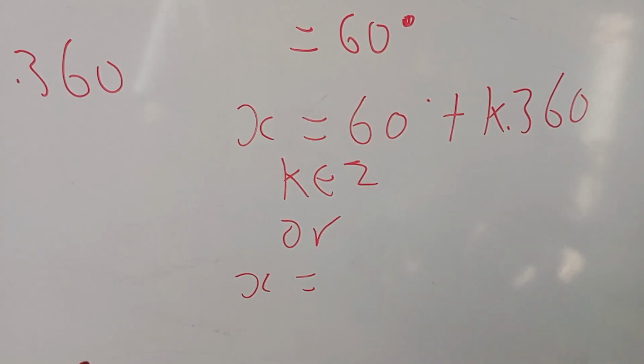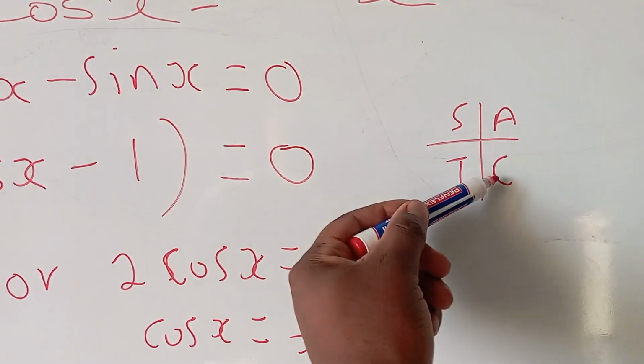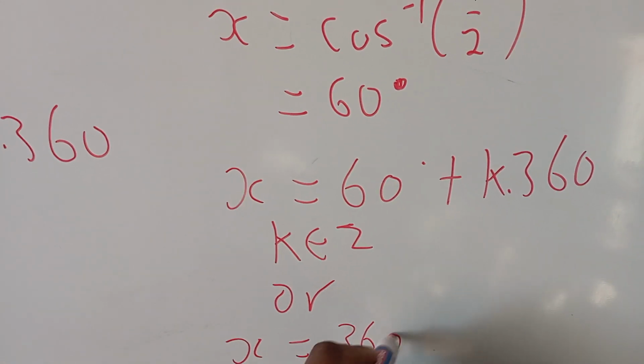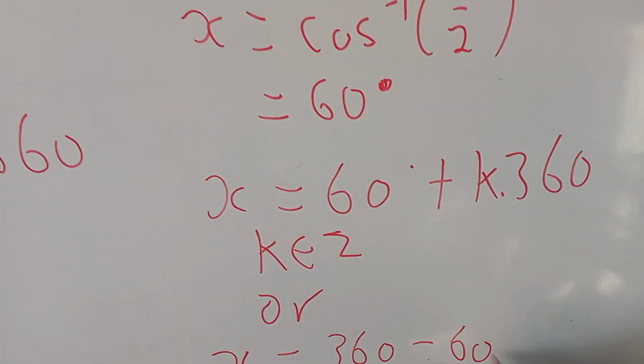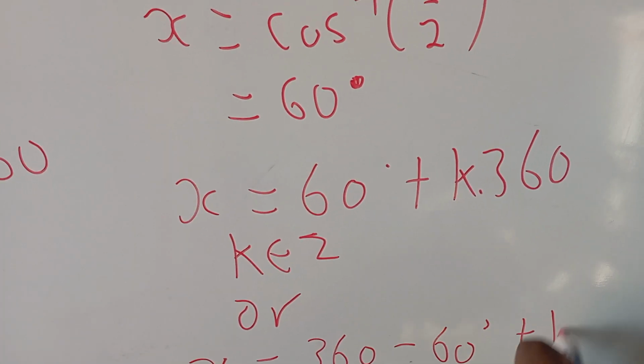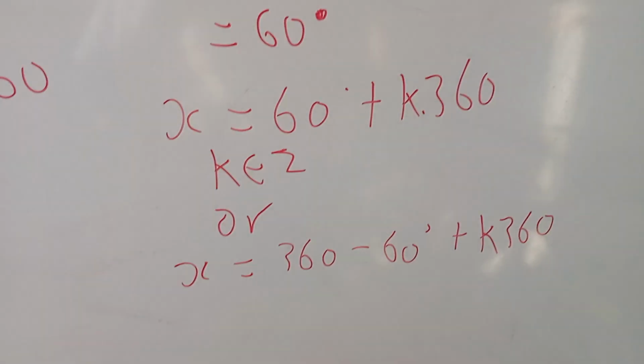so for the fourth quadrant, x is equals to, if we can see, it's 360 minus, right? It's going to be 360 minus 60 degrees plus k 360. Right.